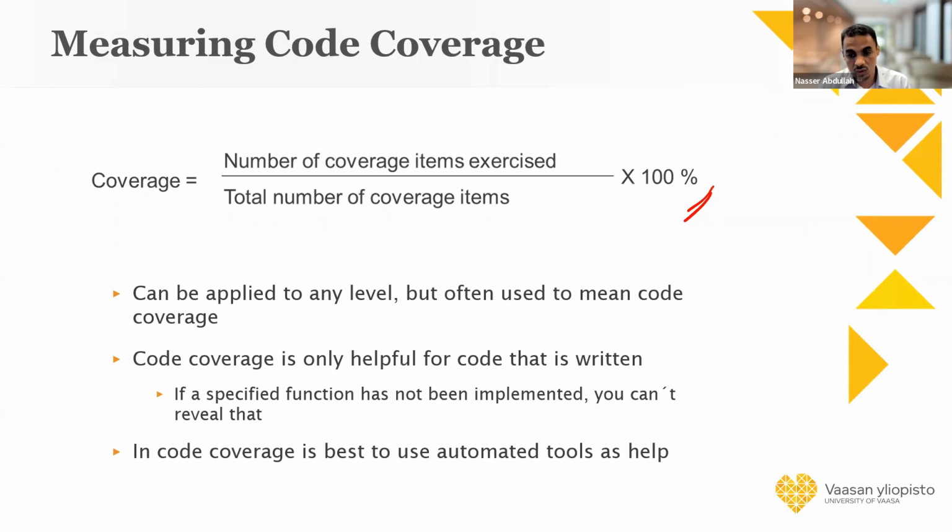If we talk about, for example, the statement, because we have statement coverage as I showed you previously in the figure. We have statement coverage, we have path coverage, we have branch coverage. So we have different types of coverage.